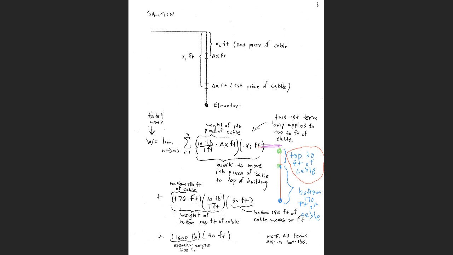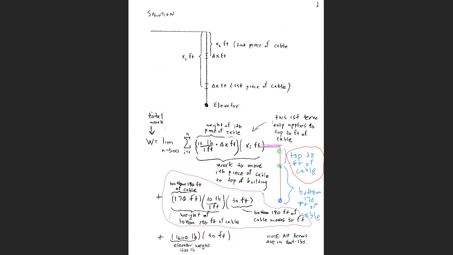You see, you're just moving the elevator 30 feet. Well, the bottom 170 feet of cable, you're just moving that up 30 feet too. You see? It's like dead weight along with the elevator. Oh. And how much would the bottom 170 feet of cable weigh?